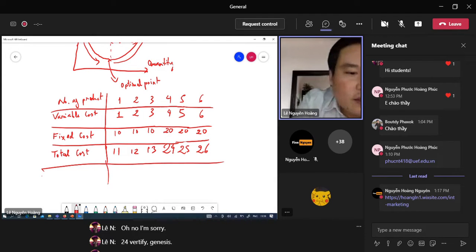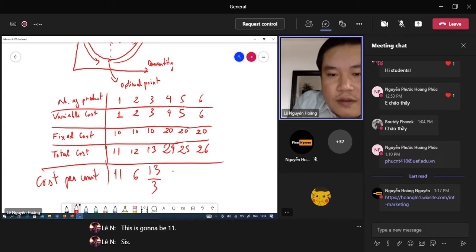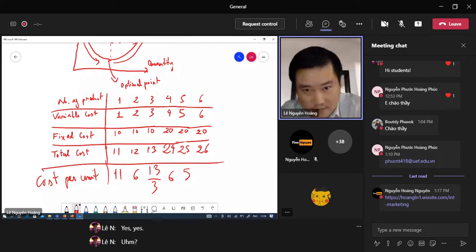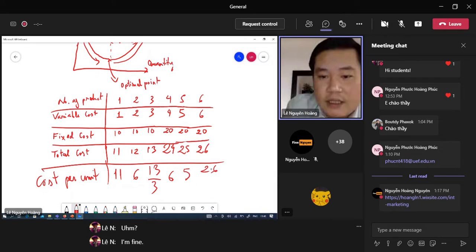And cost per unit: this is going to be 11, 6, 5, and 26.